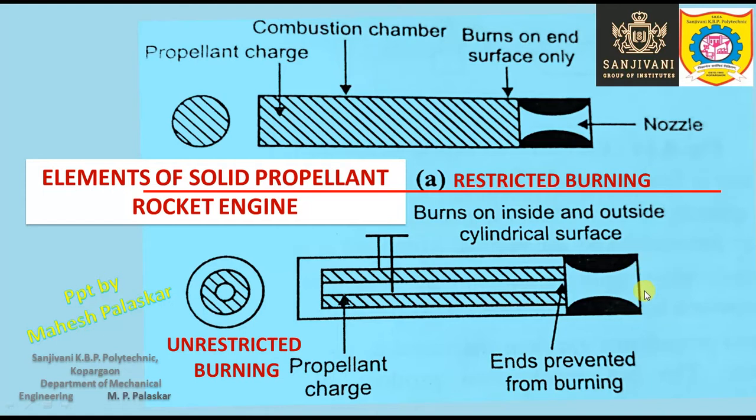The oxidizer may be solid or may be liquid, but the oxidizer is either previously mixed with the fuel or it is mixed with the fuel during the process, and the combustion takes place.